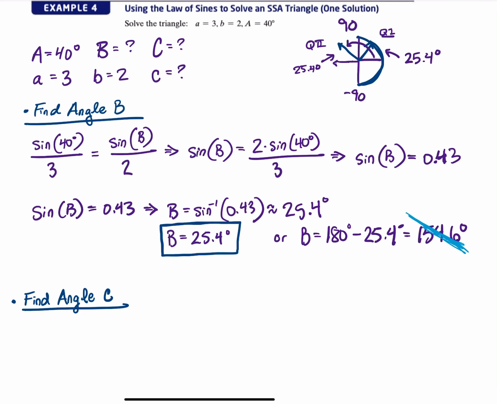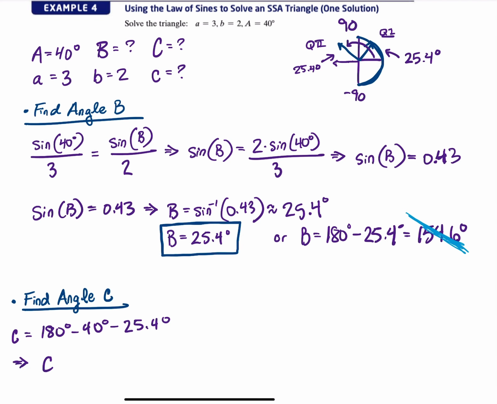So now that we know two of our angles, we can find angle C just by subtracting our two knowns from 180. Should be 180 degrees minus 40 degrees minus 25.4 degrees.